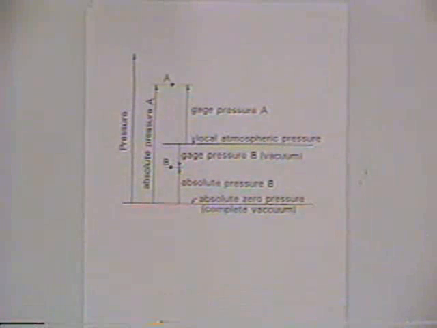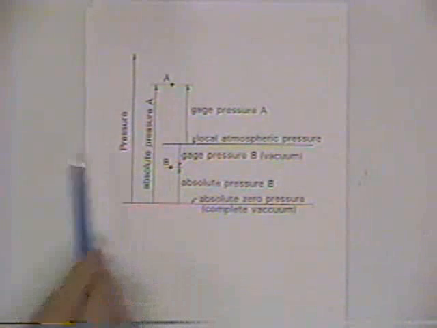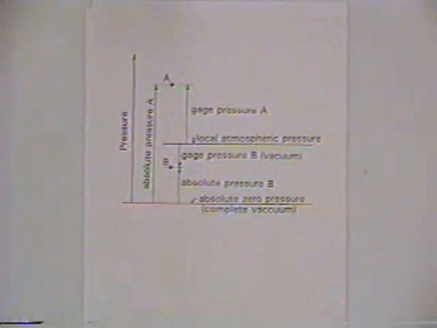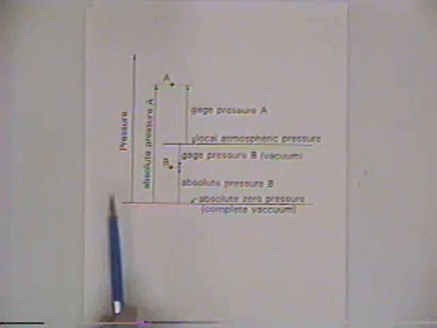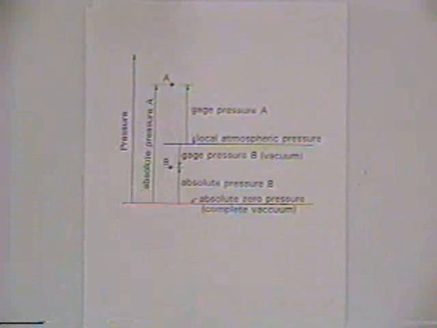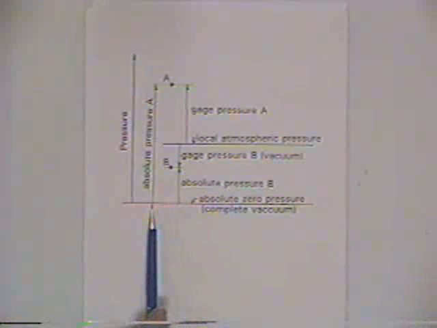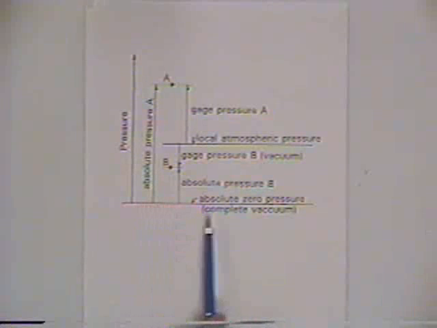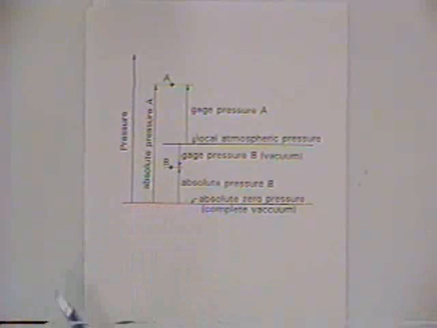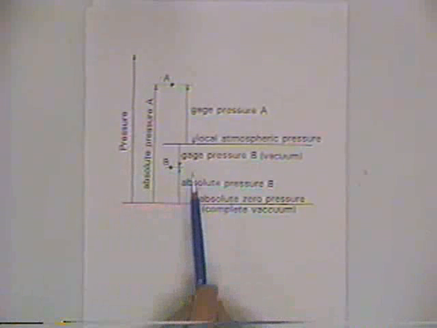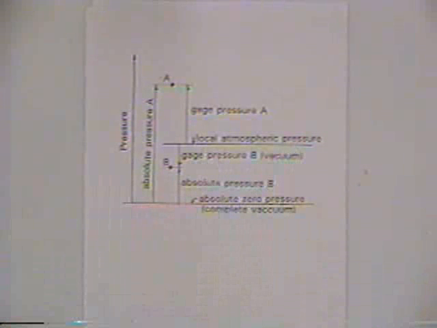And so let's say we've got some pressure. We've got pressures here in newtons per square meter, and this pressure A is above the local atmospheric pressure. In certain applications, if we wanted to work in terms of absolute pressure, the datum would be a complete vacuum, absolute zero pressure. But in many other applications, it's convenient to use the local atmospheric pressure as the datum.